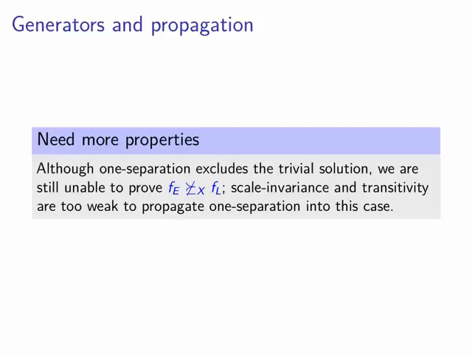Although one separation excludes the trivial solution, we still cannot prove that FE does not dominate FL. Scale invariance and transitivity are too weak to propagate one separation into this case.